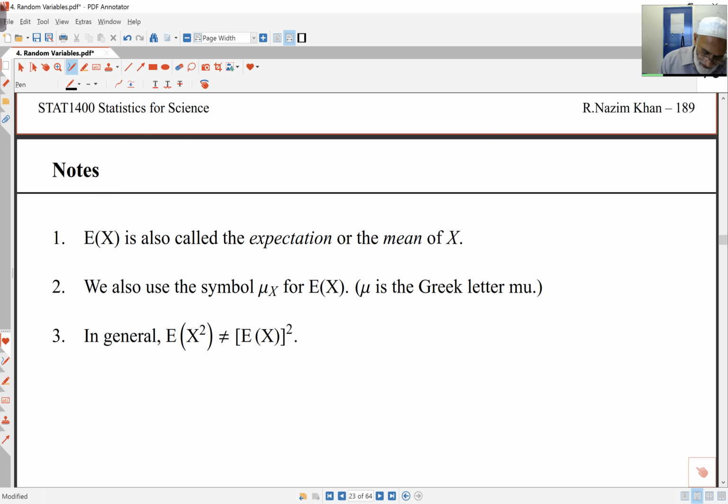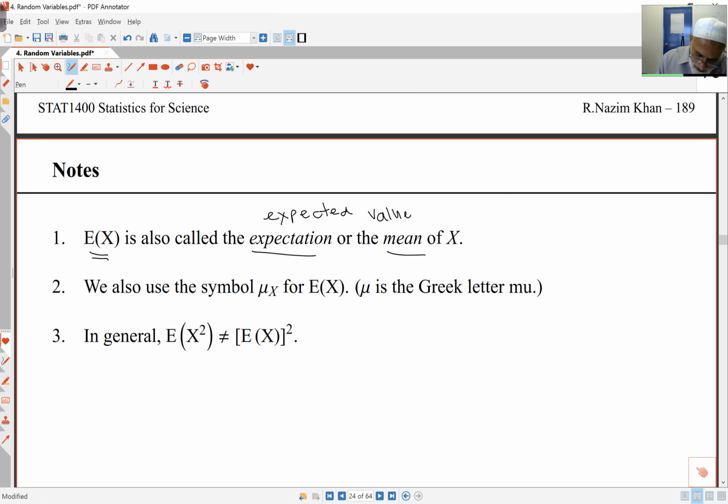Some notes here. This E of x, as we said, is also called the expectation, the mean. Sometimes you'll find words like expected value. All these things mean the same. Expected here means what I would expect. It's an expectation, some kind of average.